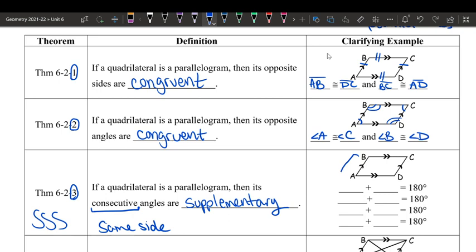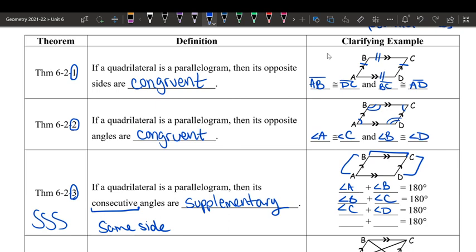So in the figure, angle A plus angle B is going to equal 180 degrees because they're on the same side of the figure. And the same for the top, B and C. You can add those together and it's going to equal 180. The same thing goes for the right side, angle C plus angle D equals 180.